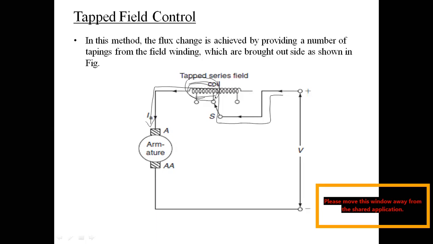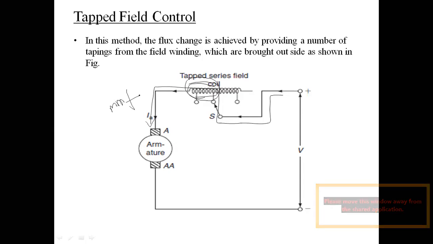So by doing this, the net MMF, that is magnetic motive force, will change through this coil. This is nothing but an inductive coil, I think. Whenever the current passes through this coil, a magnetic motive force MMF is going to be developed.